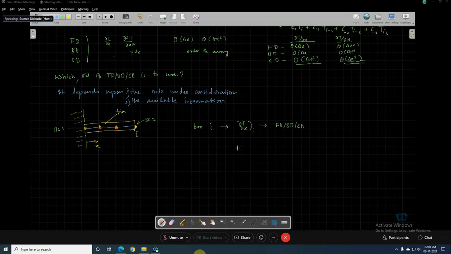Which one will you use? That is the question now. Backward difference, because we will use backward difference. This one will use, not this and not this. Because for this point, the only information available is I minus 1.